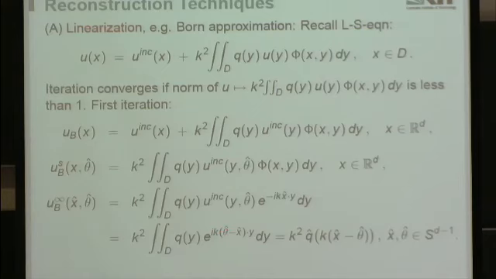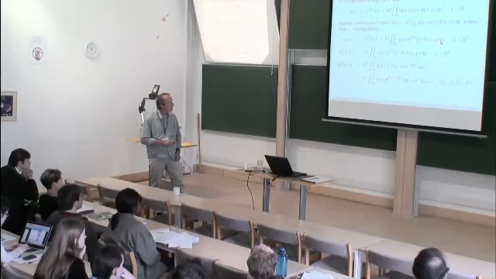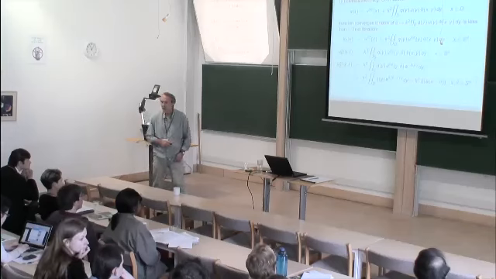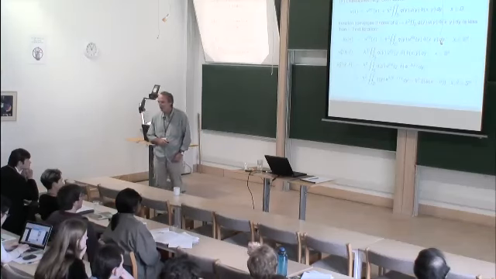And furthermore, you observe this is the Fourier transform of Q. If you extend Q by 0 outside of D, then you get k squared times the Fourier transform of Q, and you evaluate the Fourier transform at k times x hat minus theta hat, or theta hat minus x hat, depending on how you define your Fourier transform.